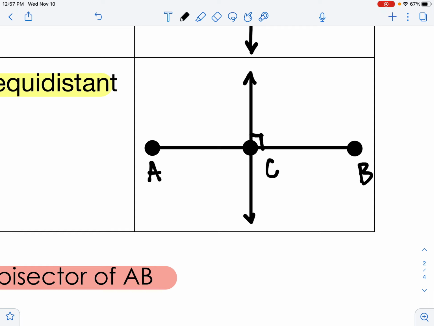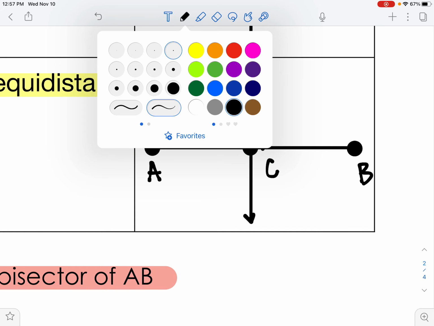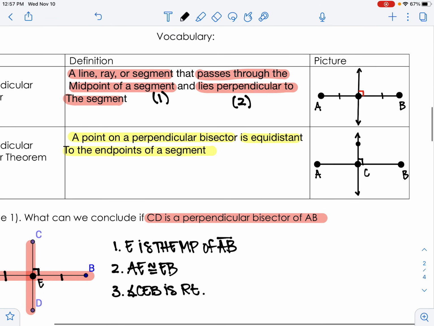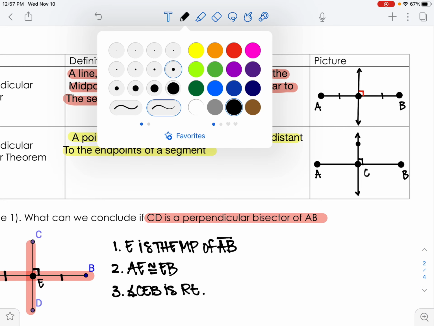So there's our perpendicular bisector. What we have to do first is put a point on our perpendicular bisector, because it says a point on the perpendicular bisector. Let's name that D.